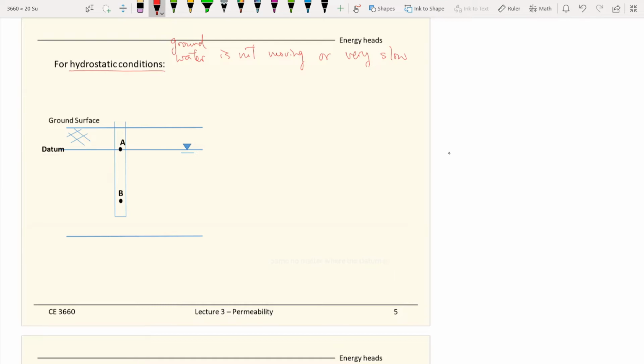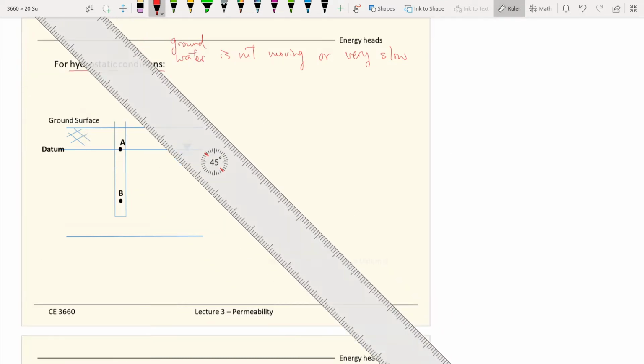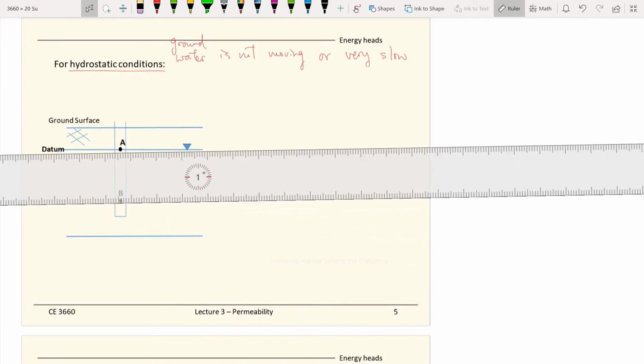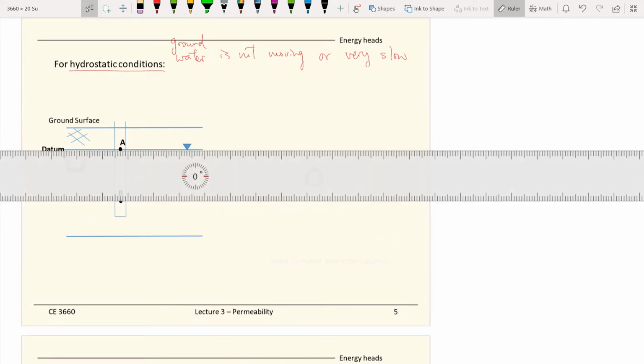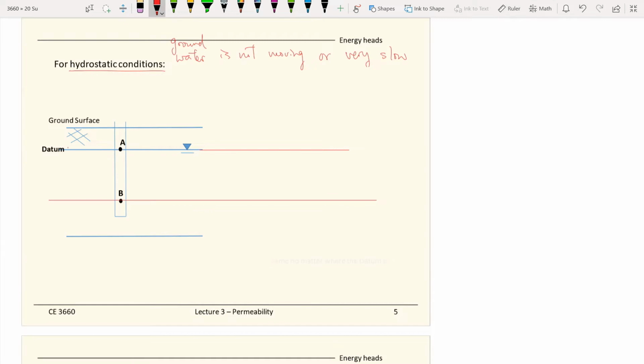So before we do some examples on all those different heads, let's remind ourselves of the difference between elevation and depth. For example, here we try to set up two different datums. Datum location number 1 and datum location number 2.